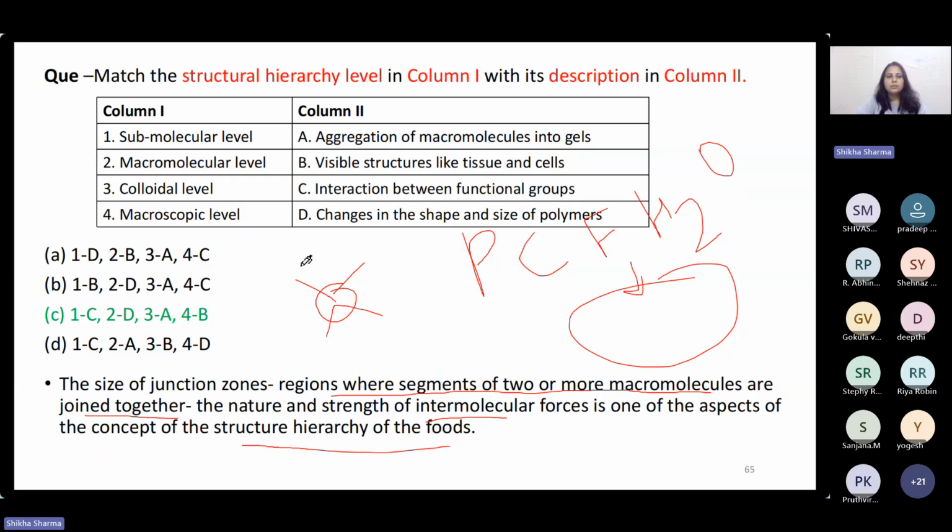So if we see here, submolecular level is basically the interaction of the functional groups. Then second, macromolecules, it is changes in the size and shape of the polymers. Then at the colloid level, aggregation of the macromolecules into gels, and macroscopic level is visible structure which we can see like tissues or the cell structures.